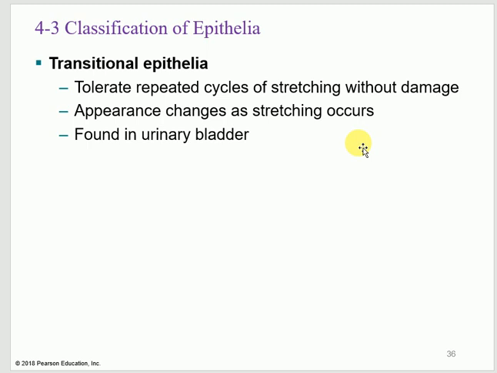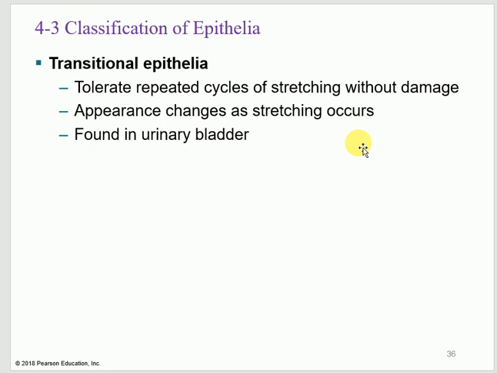Transitional epithelium is simply an epithelium that makes a transition depending on the condition. Look at this. Your urinary bladder is the best example. This type of epithelium will look like this if it's empty. If you put urine and start to fill it, it will change and transit to this shape. It goes from this to this.